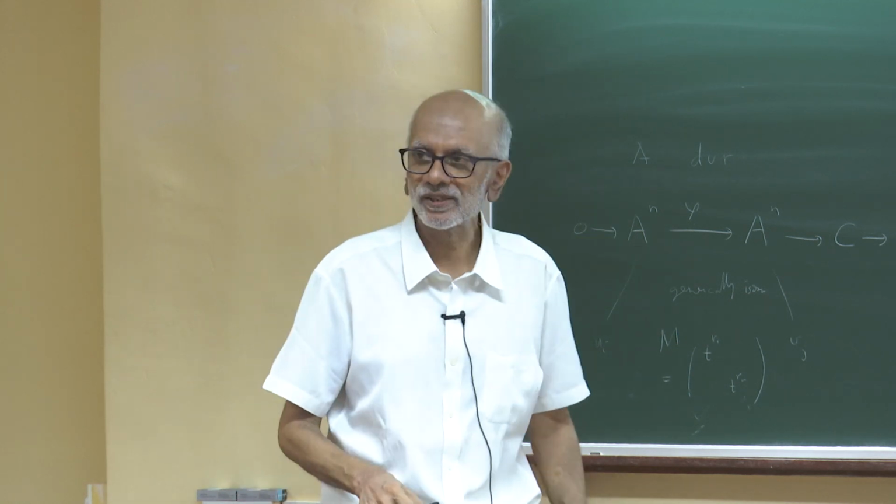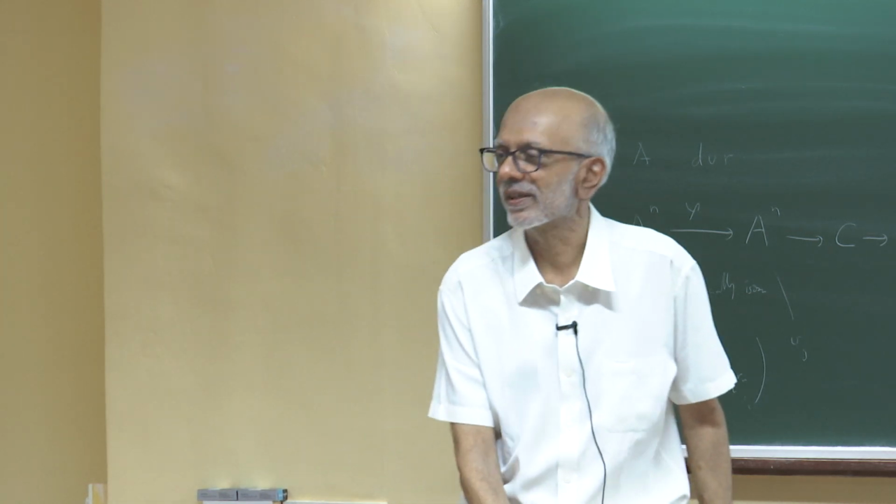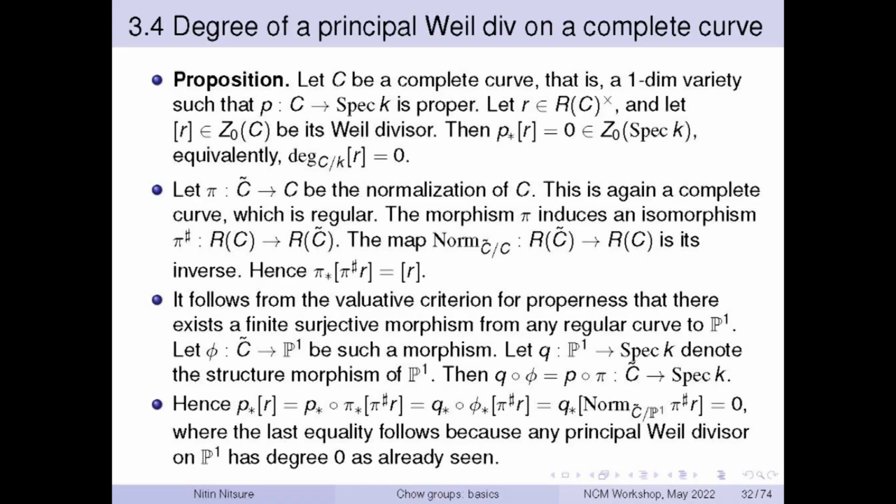Okay. So let's go to the relative dimension 1 setup. Here the lemma we want to prove is this proposition that if I have a complete curve and if I have a rational function, then its Weyl divisor has degree 0. Let me prove it for compact Riemann surfaces. Why not?